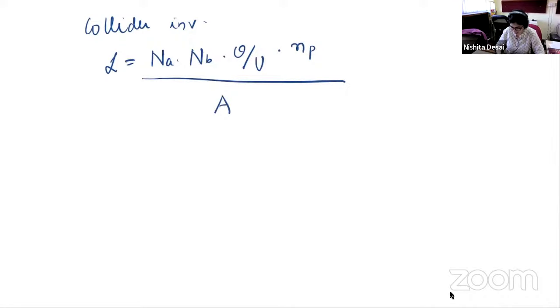Okay, so N_A and N_B are, as before, the number of particles A and B. v is the velocity of these particles. u is the circumference. So this is for collider experiments where you have two beams that are circulating in a circular ring. Okay, u is the circumference.